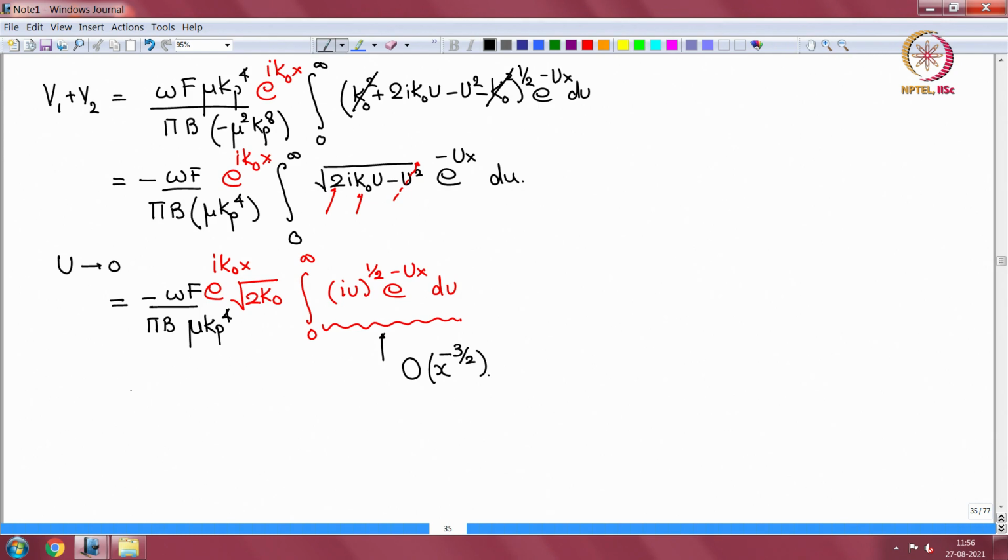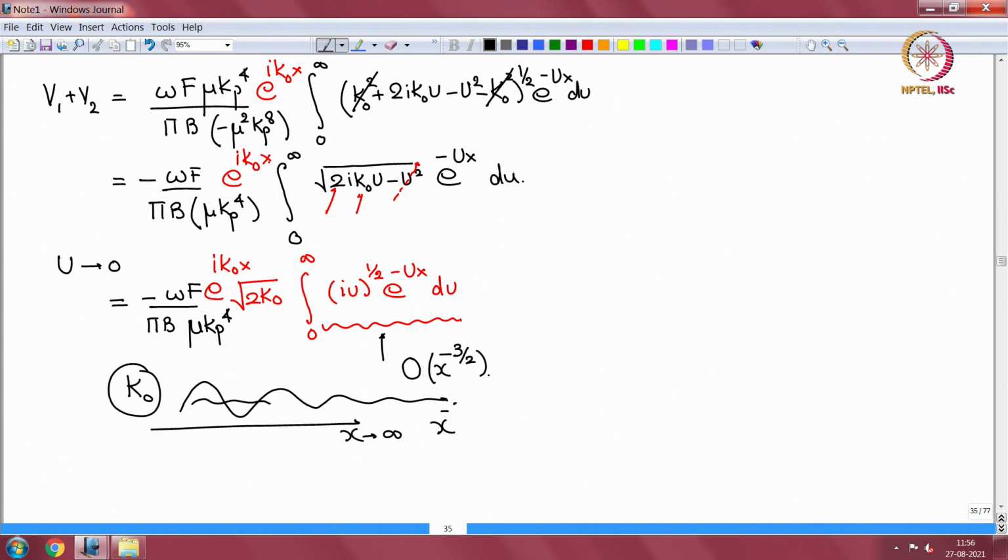So there is a wave which has a dominant wave number as k0 on the plate, but it decays away as you move towards infinity at the rate x to the power minus 3 by 2. So we have to weigh this contribution along with the other contributions from residue, which one is big, which one is small, and so forth.